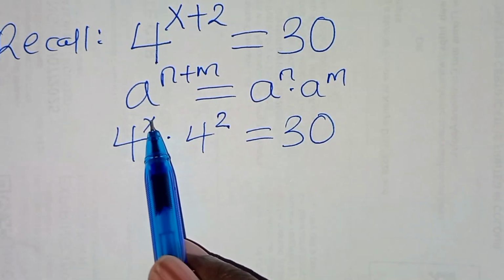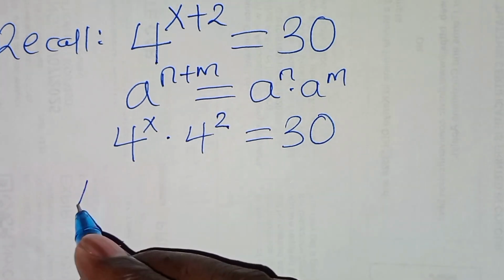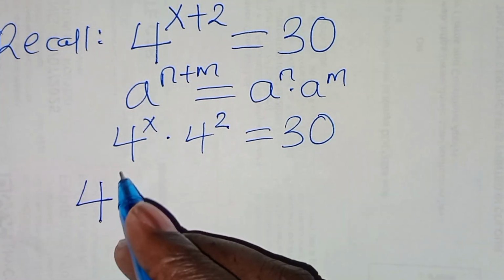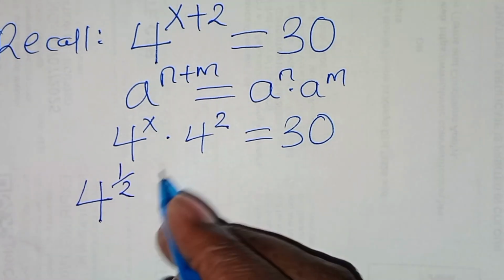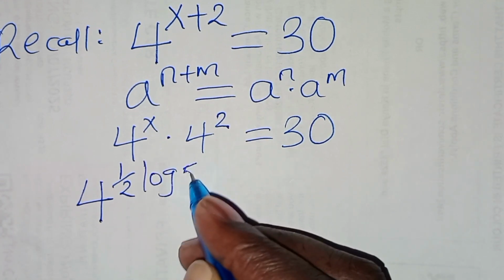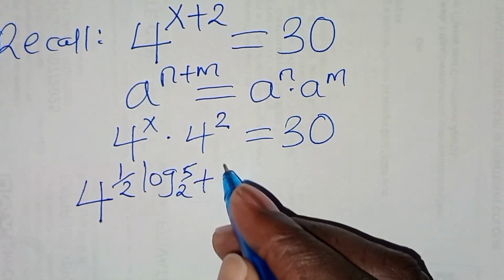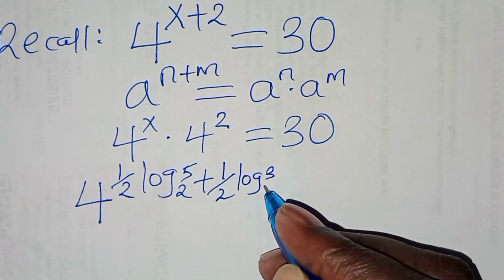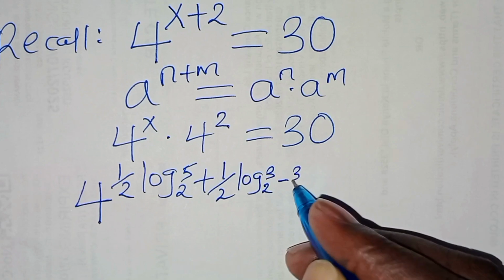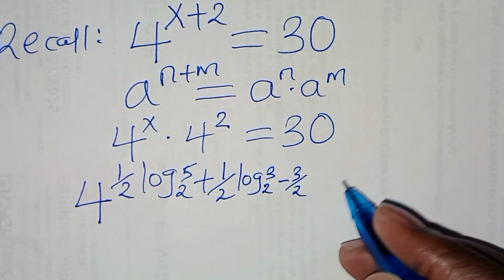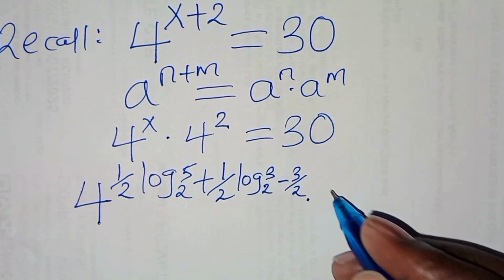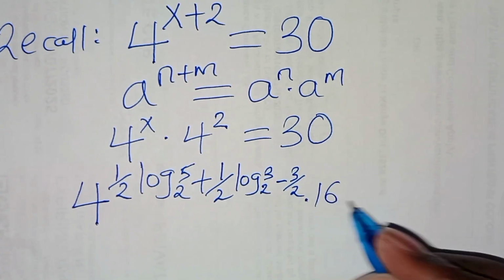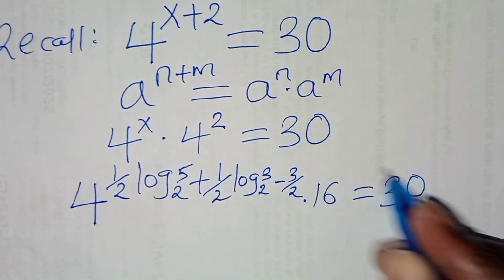Let's substitute the value of x here. So we'll have 4 raised to power half log 5 to base 2 plus half log 3 to base 2 subtract 3 over 2, multiplied by 4 squared, which is 16. This is supposed to give us a value of 30.